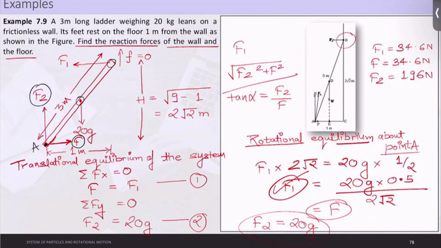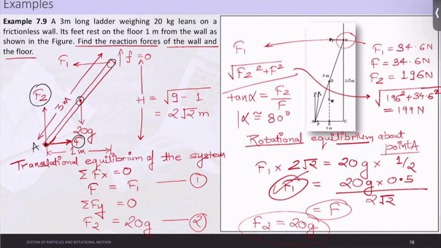Therefore, the resultant reaction is the square root of 196 squared plus 34.6 squared, which is equal to 199 newtons. And this alpha can be calculated to be approximately 80 degrees, that is tan inverse of F2 by F.